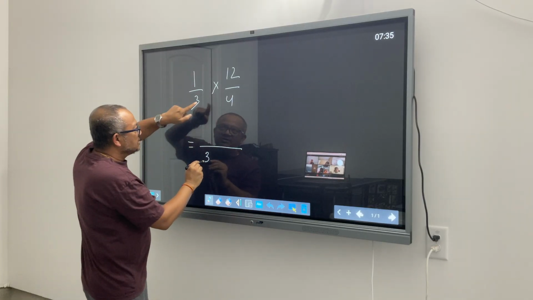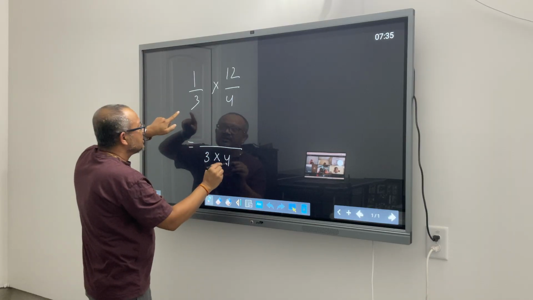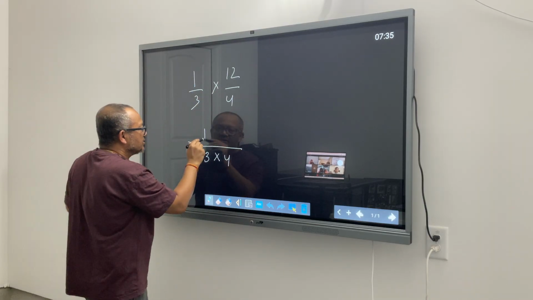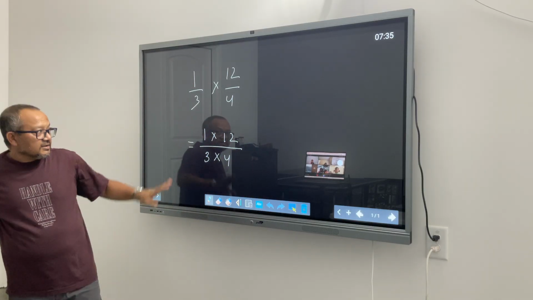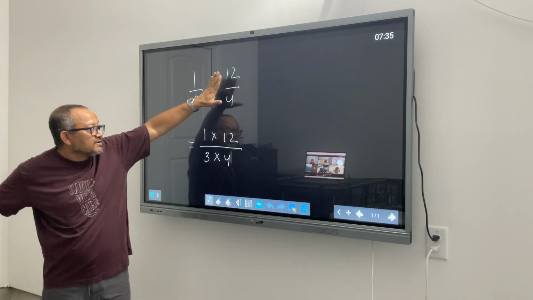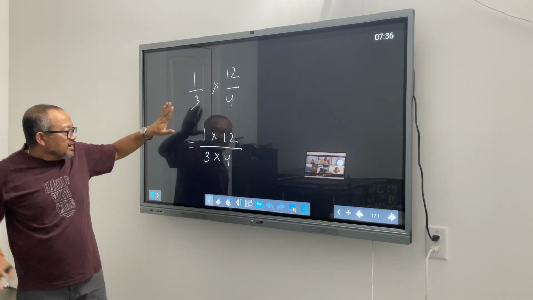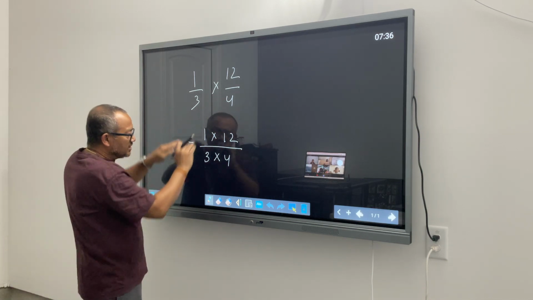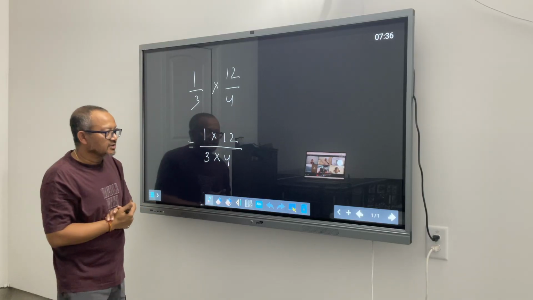What I will do is, all the things on the first floor go together. All the things on the second floor go together. Right now I looked at, is this a fraction? Yes. Is this a fraction? Yes. Both are fractions, we are comfortable. Then we say, everything on the denominator goes together, everything on the numerator goes together. Put it here.